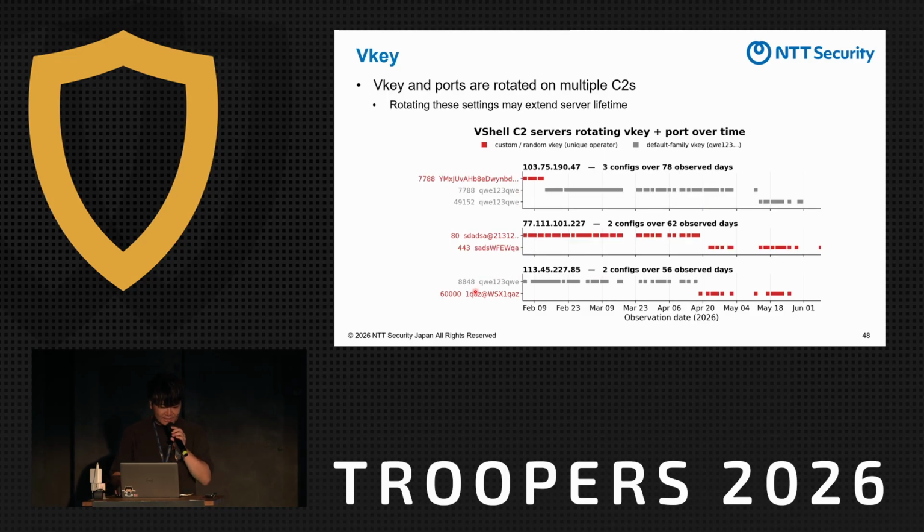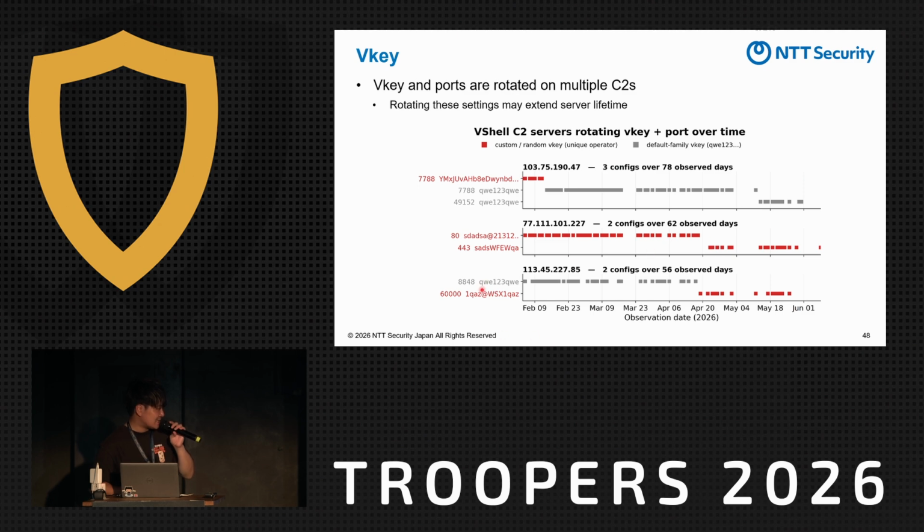So next is another example. This server first uses original wikis, but then changes the wiki values to the default values. And this server changes wikis from unique values to unique values.